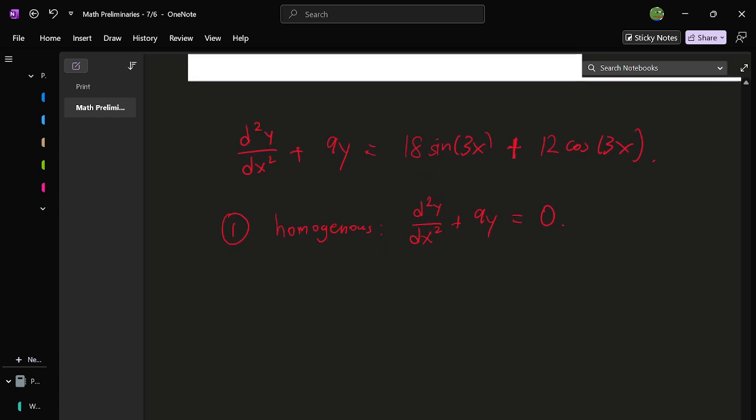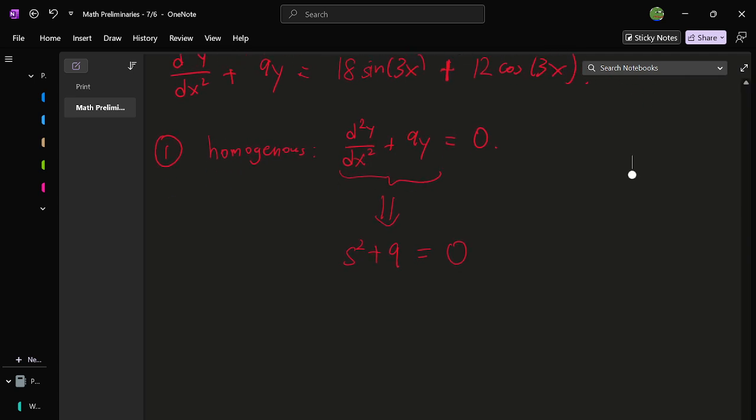After a while, you might be able to see that your quadratic equation involving S is simply, you can just go straight from this to this, without needing to write the exponential solution out. So this is the quadratic equation that you need to solve.